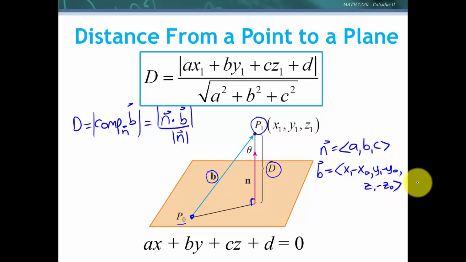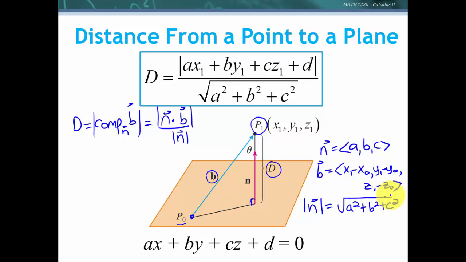So we now have our B. We also need the magnitude of N. That's going to be the square root of the sum of each of the squares of the components. So there's our magnitude of N.